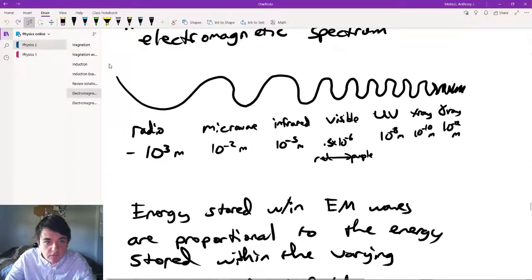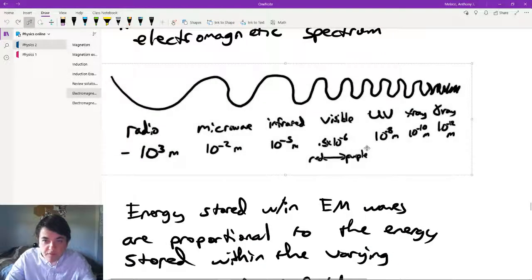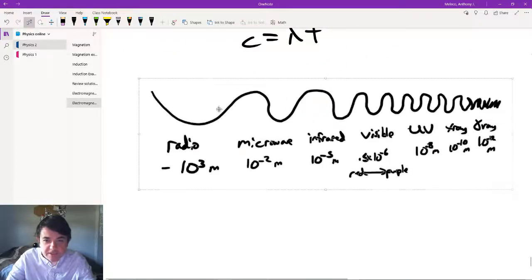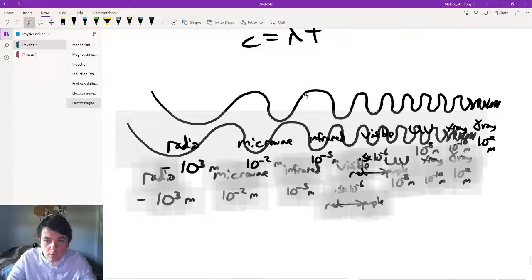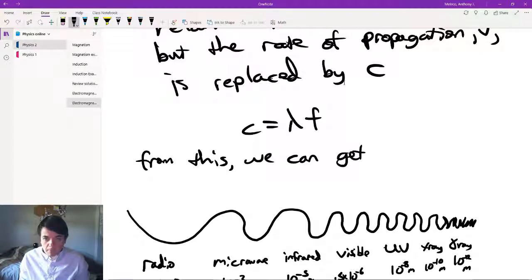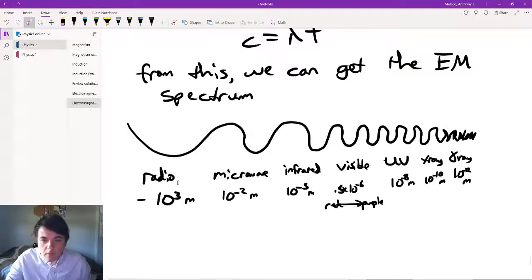We can get from this, okay, we can get our electromagnetic spectrum. And you may have seen the EM spectrum, okay, and this is organized by wavelength.